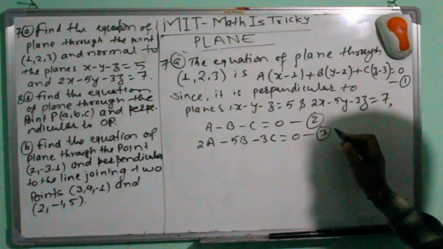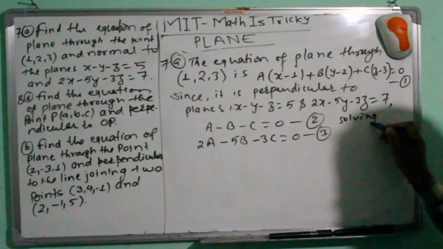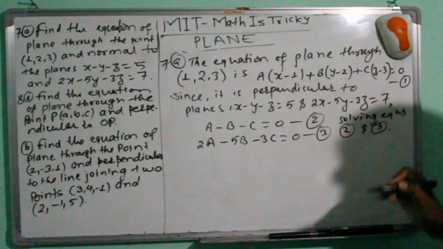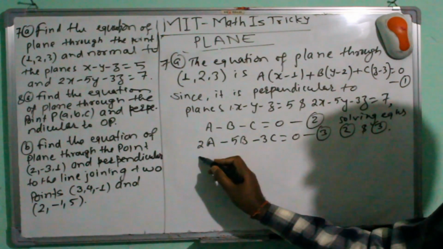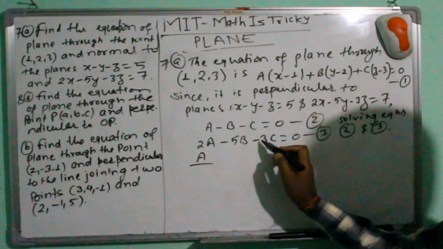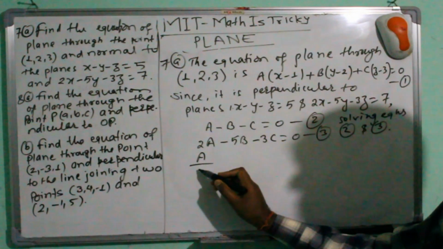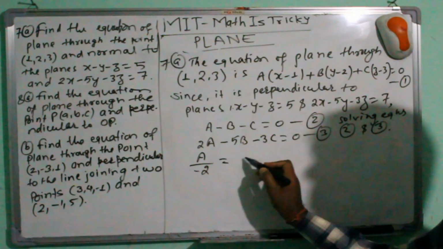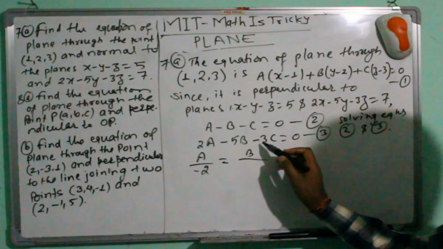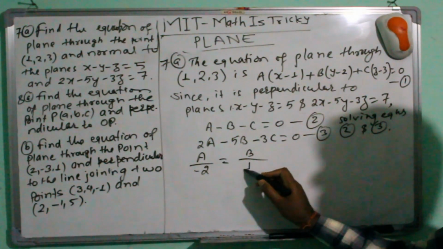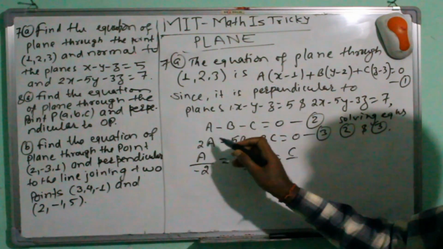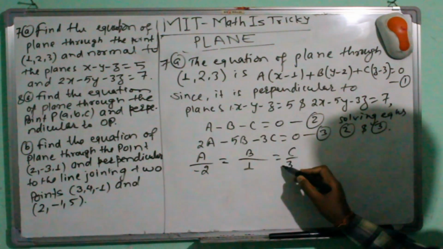Now solving equations 2 and 3, by cross multiplication we'll get a by, look here, this into this minus plus, it will be 3 minus 5, 3 minus 5 is minus 2, b by cross multiplication it is minus 2 plus 3, minus 2 plus 3 is 1, c by minus 5 plus 2, which is minus 3.